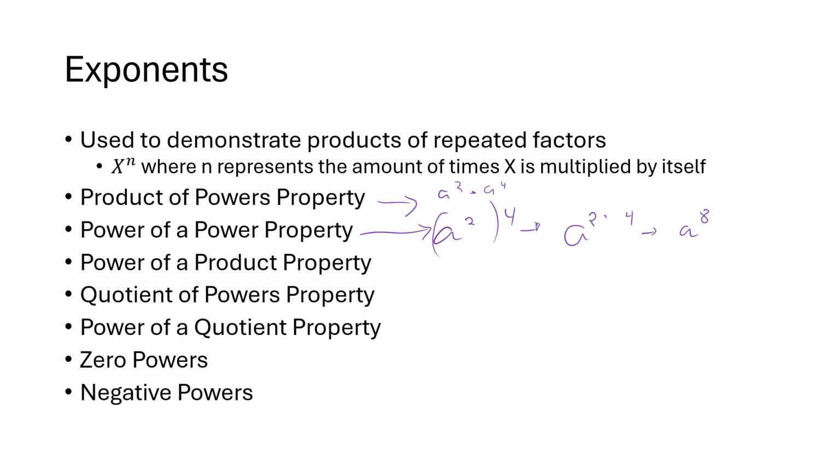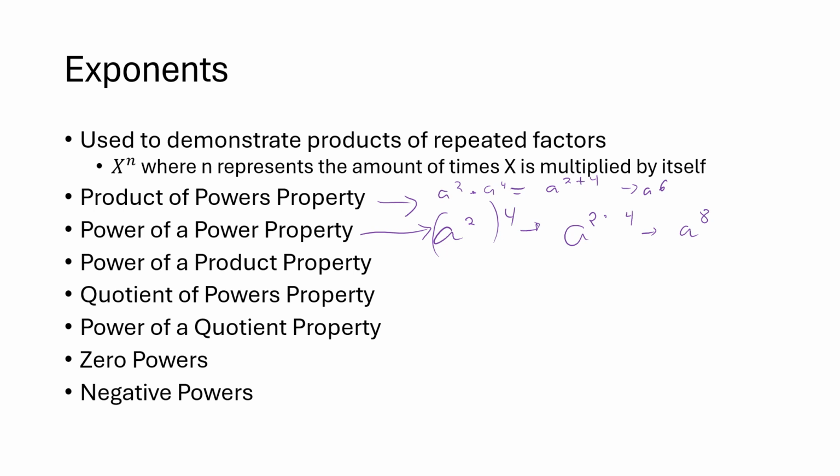Sorry, I erased the earlier example: a squared times a to the fourth makes a to the sixth. So whenever you have an exponent raised to another exponent, you multiply them together.